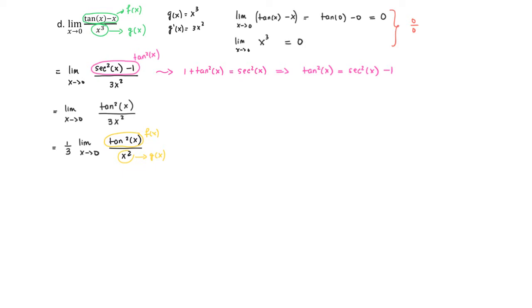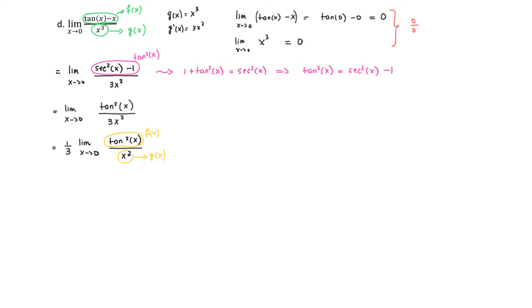I want you to notice that f and g are both differentiable around 0. I want you to notice that the derivative of g, so the derivative of x squared is 2x, and 2x is non-zero around 0. So then I can apply L'Hopital's rule.